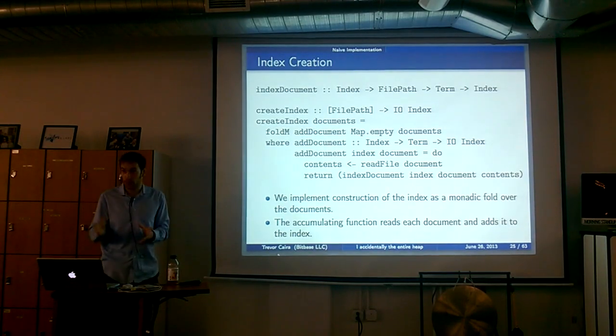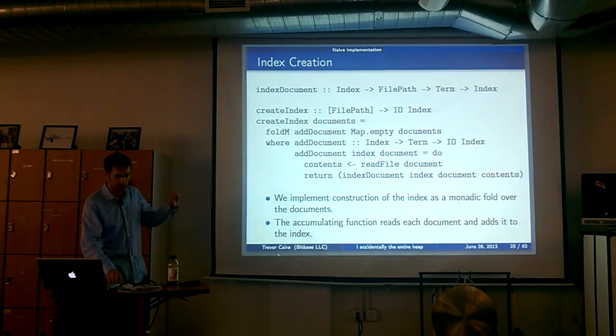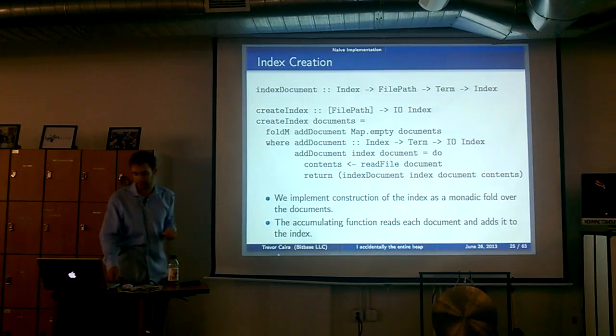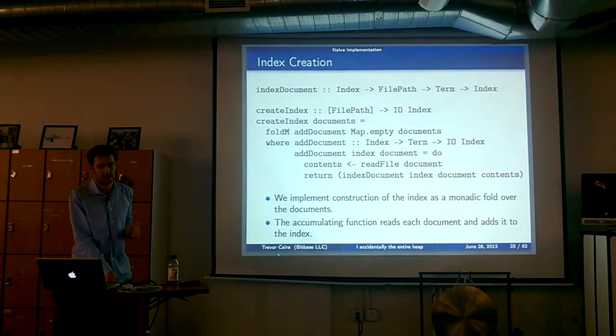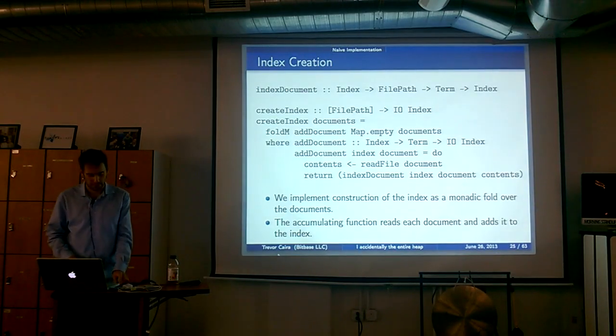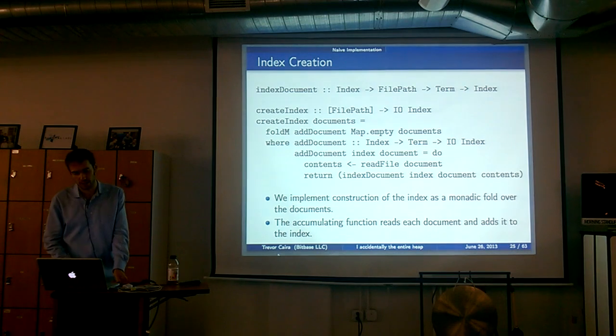So that's a fold. That's a really straightforward, obvious fold, except that it's a monadic fold. So that's given to us by foldM. If you're not familiar with it, it's basically foldl, except there's a monad threaded through after every step, feeding into the accumulator.